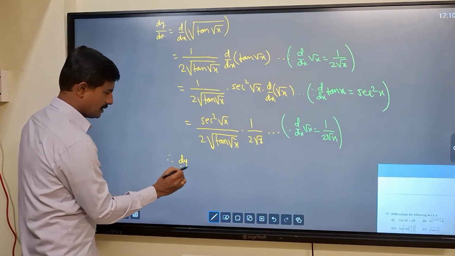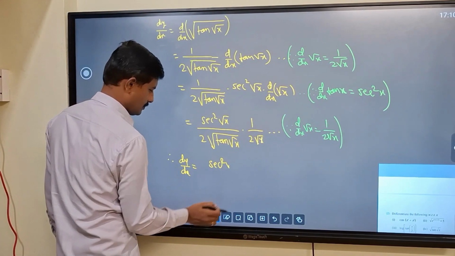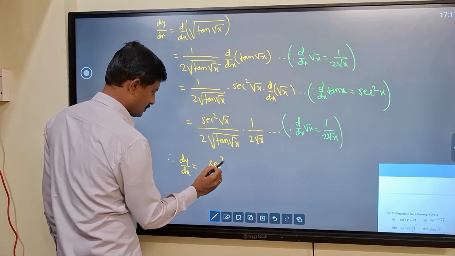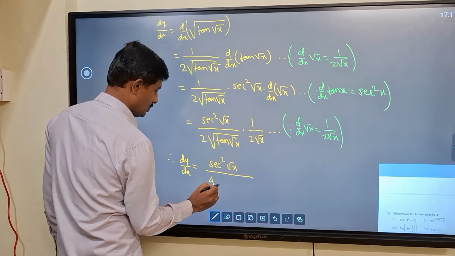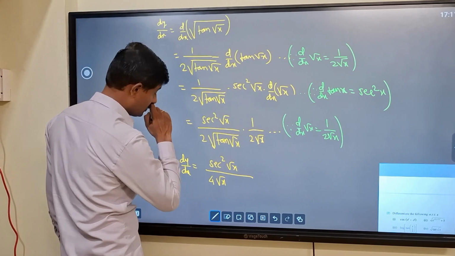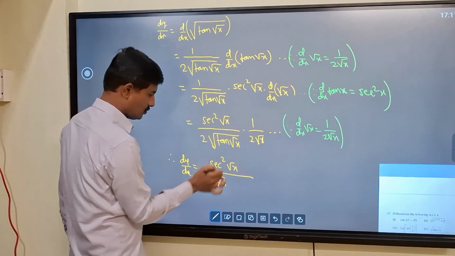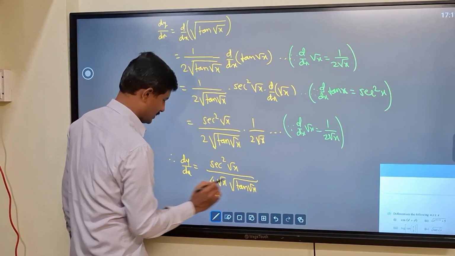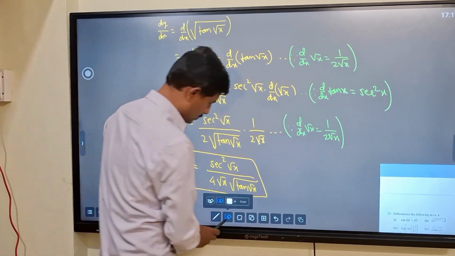Therefore, dy by dx will become sec square root x upon 4 root x root tan root x, since 2 into 2 is 4. This is your answer. Now for the next question.